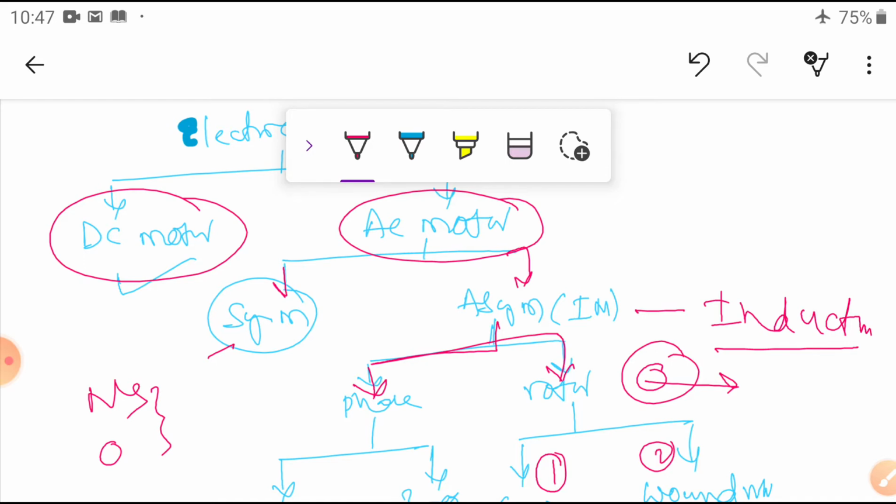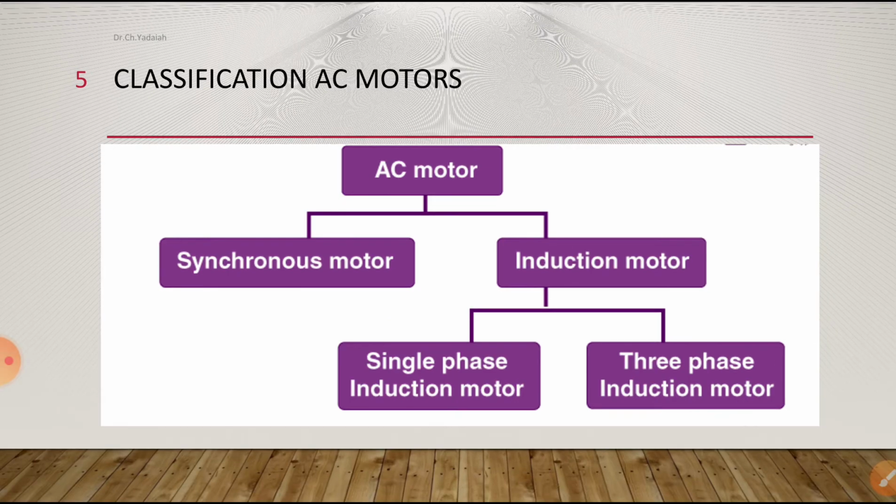Now, coming to our topic, the induction motors.